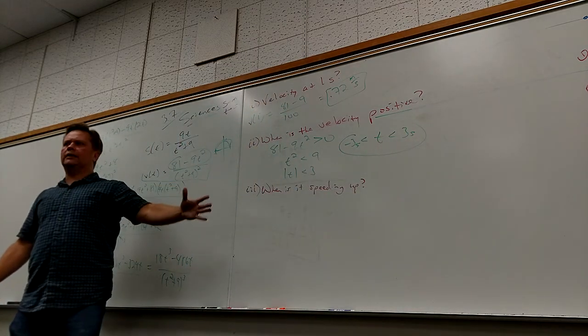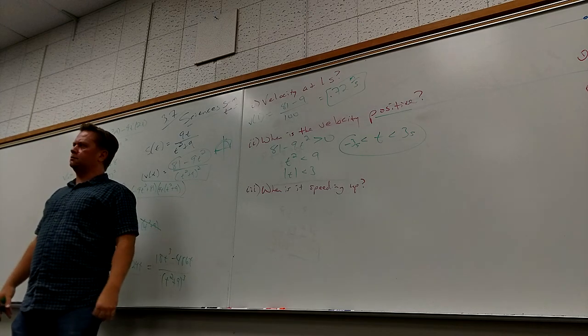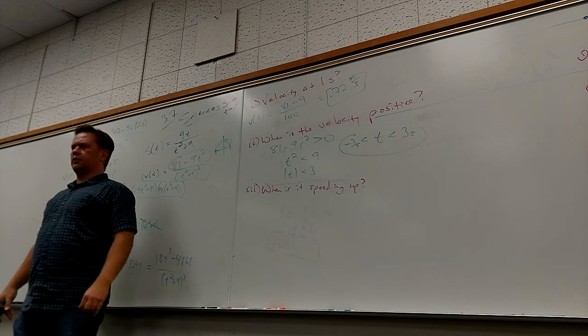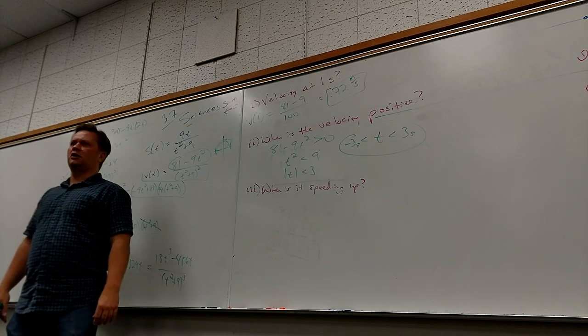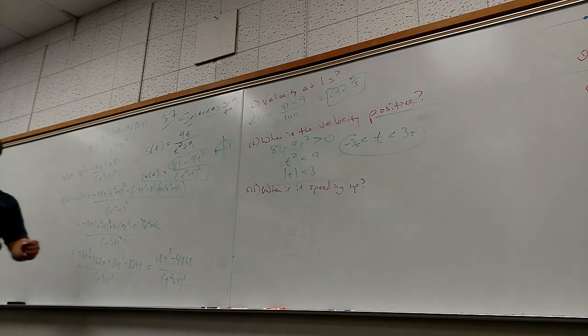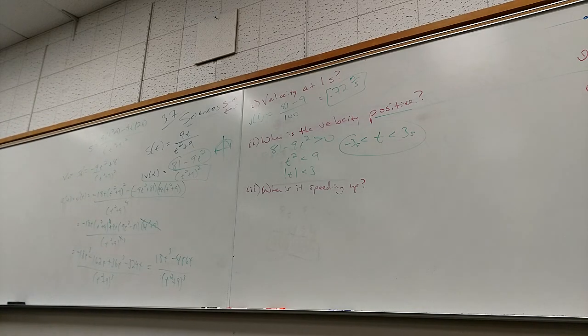When is it speeding up? Okay, so what would that mean, speeding up? What about the acceleration? What if I'm going backwards, but my acceleration is positive? Am I speeding up?